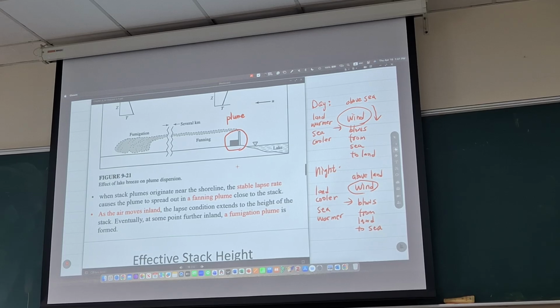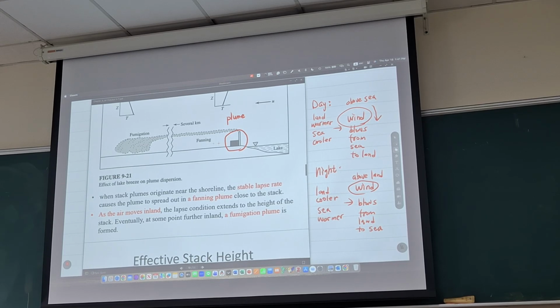So I want to define two terms. One is called fanning.